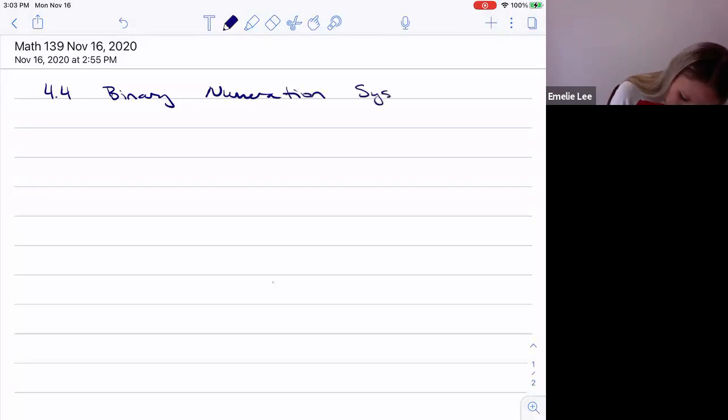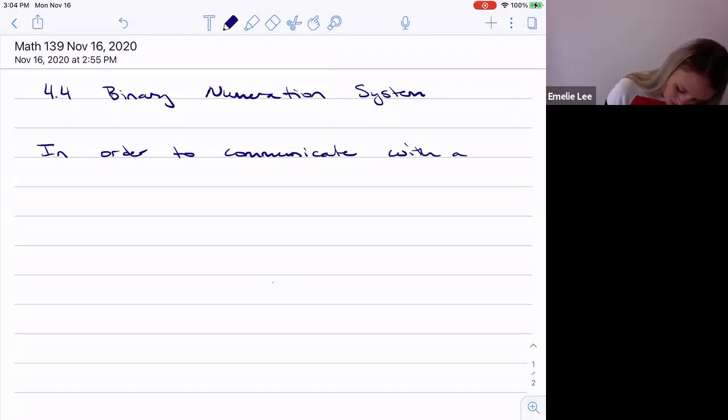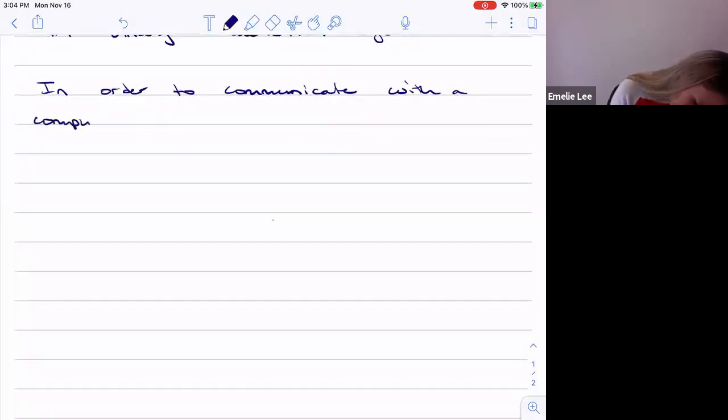In order to communicate with a computer, we as humans had to invent a number system that only requires zeros and ones.